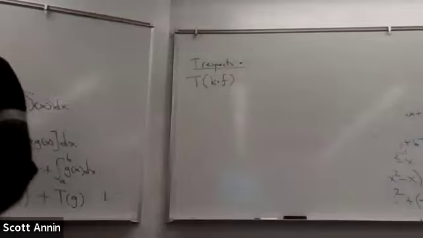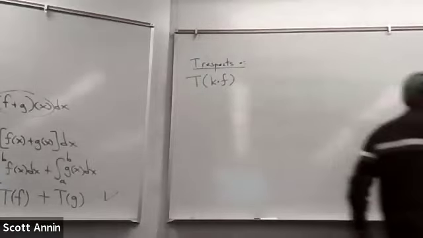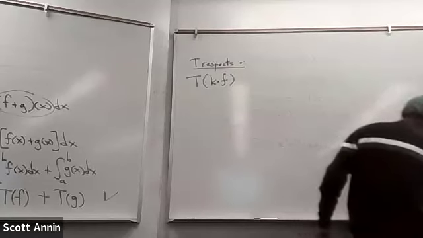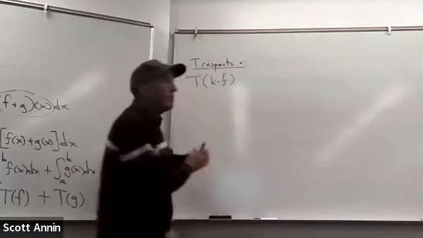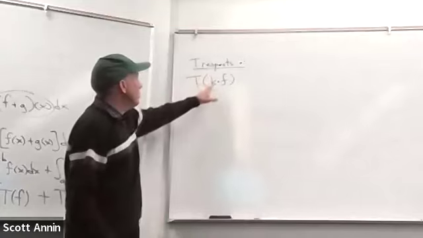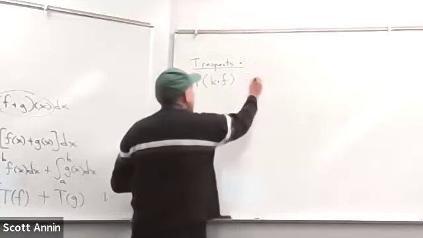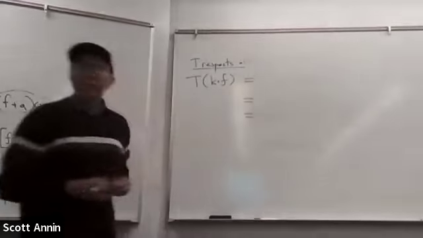So k is my scalar again, like I always try to use. And the goal here is to get that k out in front, but we have to derive that. We can't just, again, people do sometimes get in trouble here because they want to pull the k out right away. The k should not come out until you actually get to the end. Then the k will be on the outside.